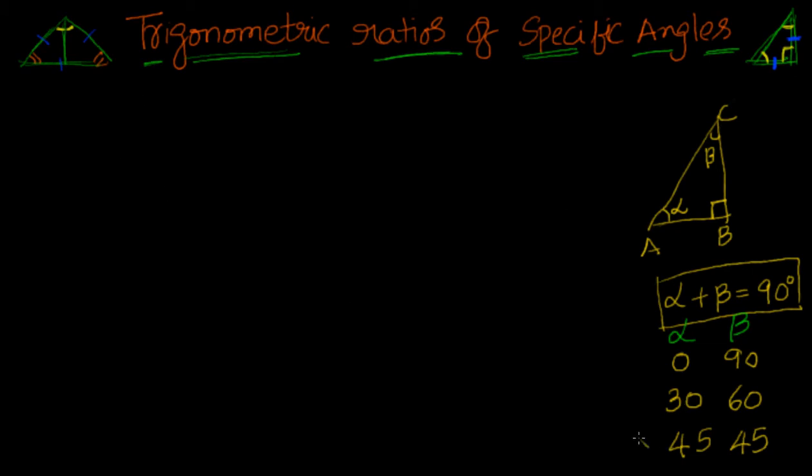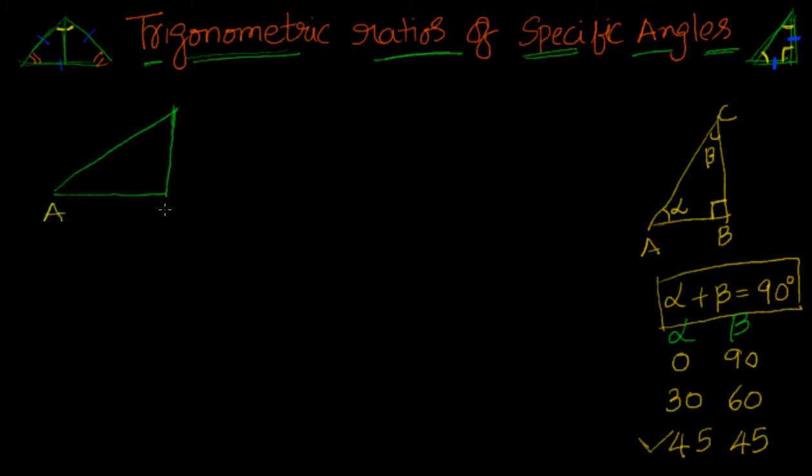First let us take the one where it is 45 and 45. Let me draw a right angle triangle. This is my right angle triangle.